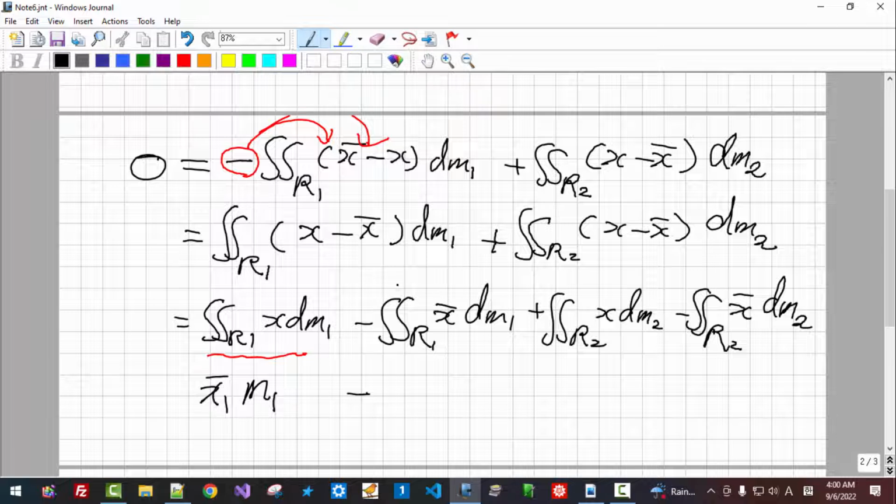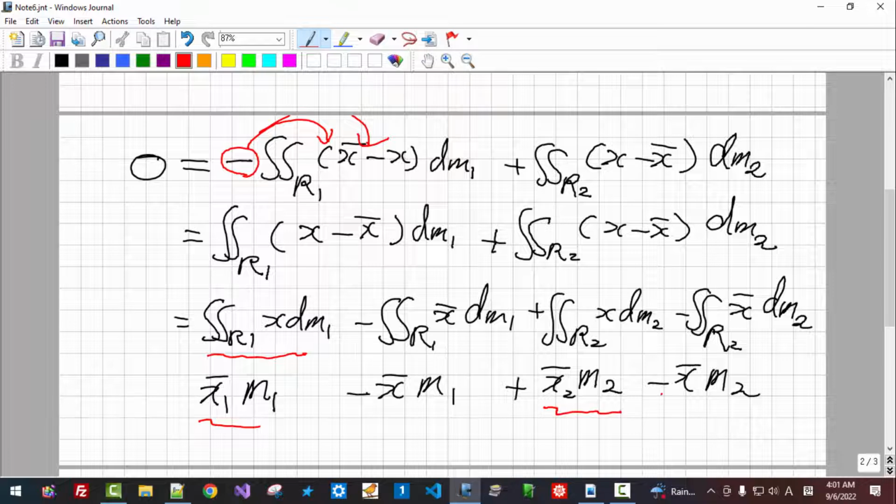We can take it out. X bar, this is m1. This is x2 bar m2 minus x bar m2. I will explain this part.